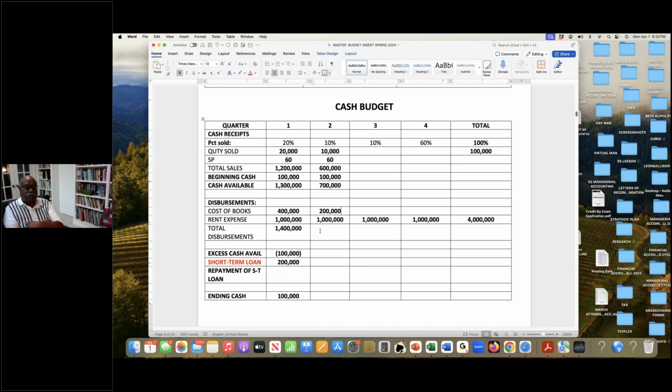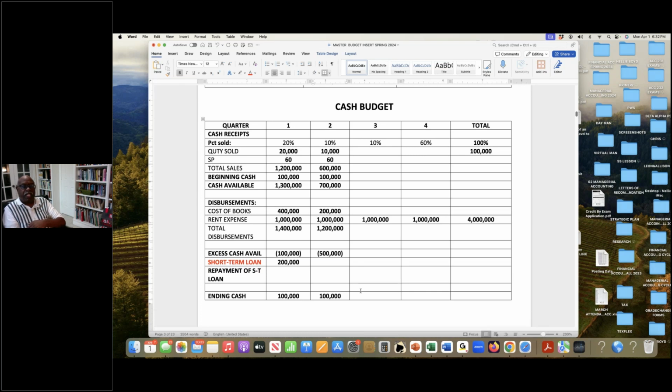And so our total disbursements are 1,200,000. So now we're short how much? 500,000. How much do we have to borrow now? If we want the ending number to be 100,000, you have to borrow 600.